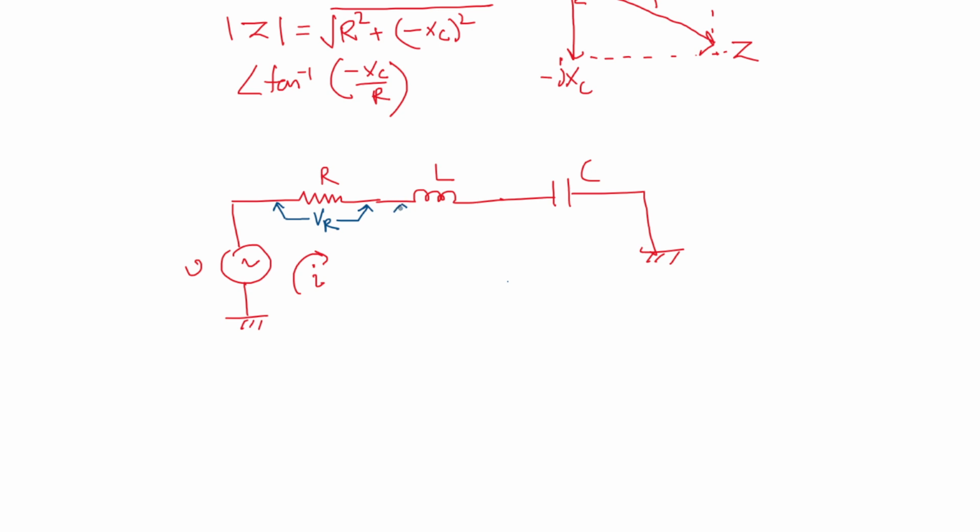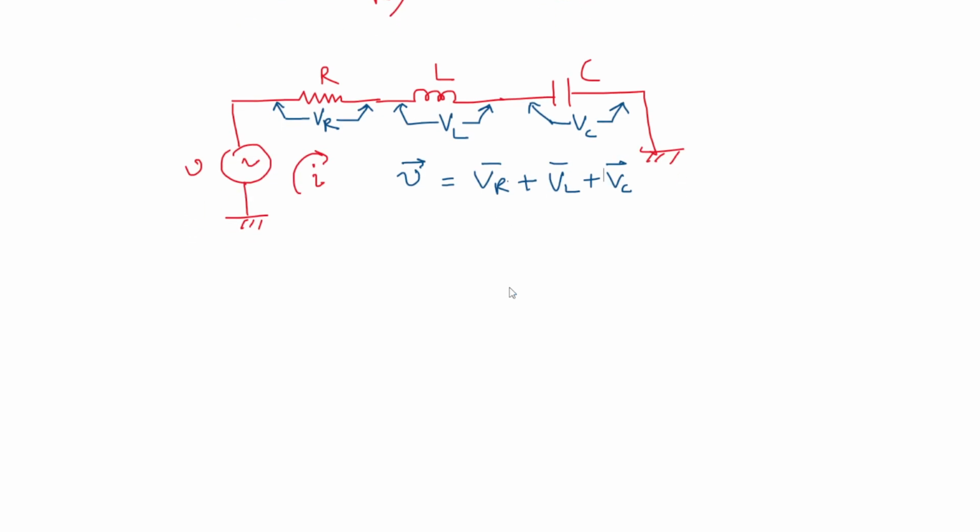The voltage drop across the inductance is VL. The voltage drop across the capacitance is VC. So the supply voltage V is given by the phasor summation of VR plus VL plus VC.